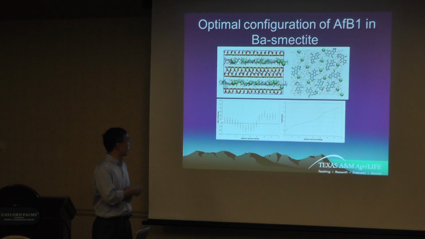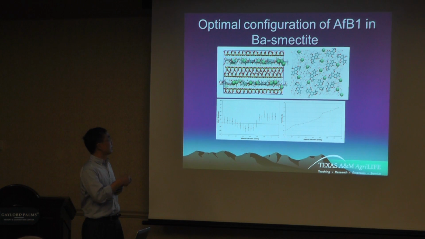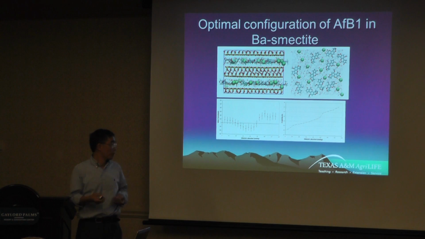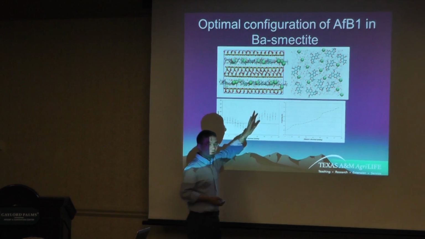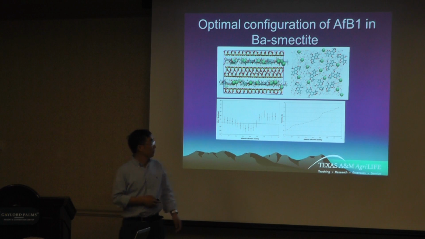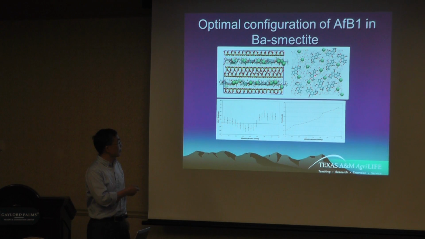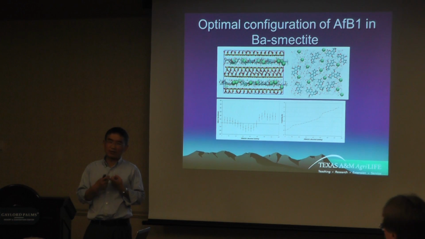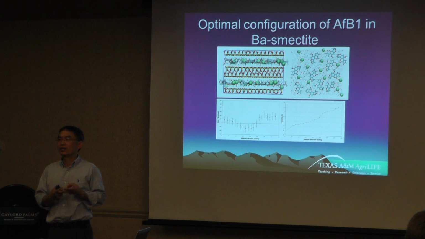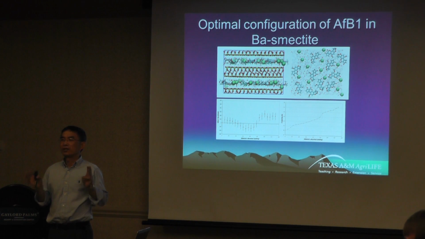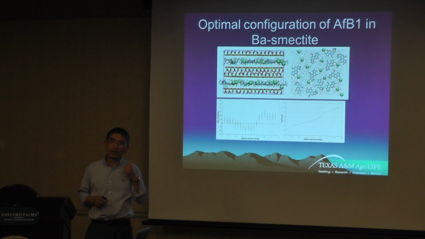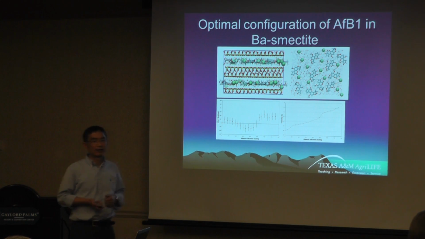We can do a simulation to calculate the energy, and we can also know, based on the distance between two layers, how much loading there is, what the optimum loading is, and what the optimum configuration is. Based on the data we have, we do need the optimum arrangement for all those cations, the interlayer water, and the aflatoxin molecules. If they each have the correct size, then we can achieve the optimum absorption capacity and high selectivity.